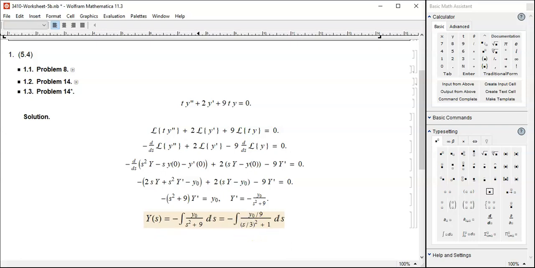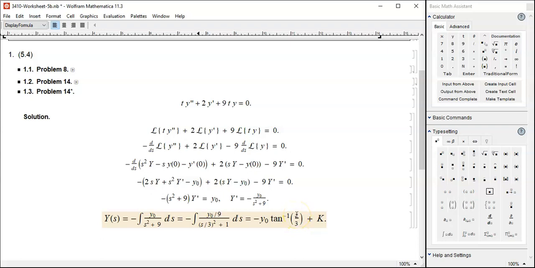Okay, I don't need this any longer. And over here, let me see. If I take the antiderivative of arctangent, this is going to be minus y naught, and arctangent of s over 3 plus some constant.